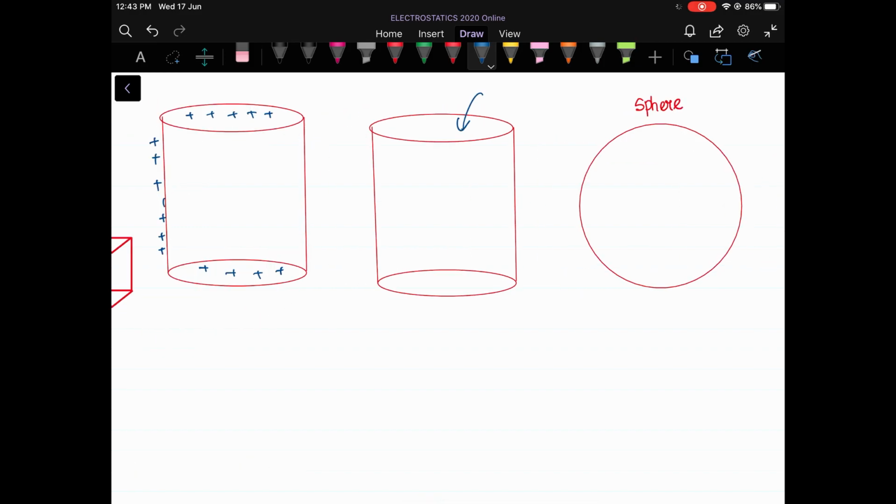Here in the cylinder we put the charges inside the volume of the cylinder, and again this distribution we will call volume charge distribution. And of course in the sphere, instead of putting the charges on the surface, if we have the charges distributed uniformly over the volume of the sphere, then we have to call it volume charge distribution.